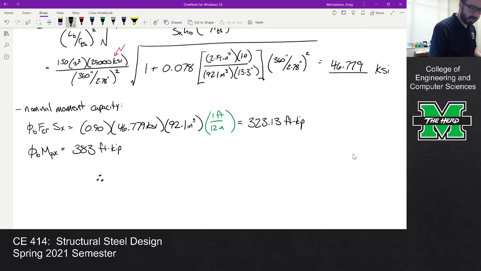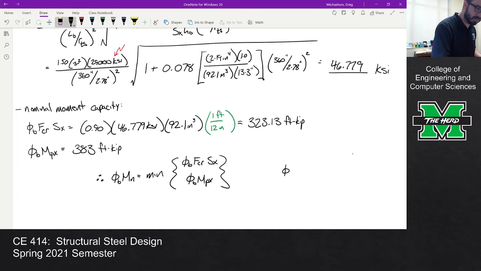So the capacity is the minimum of these two. And so the minimum of those two is that one.